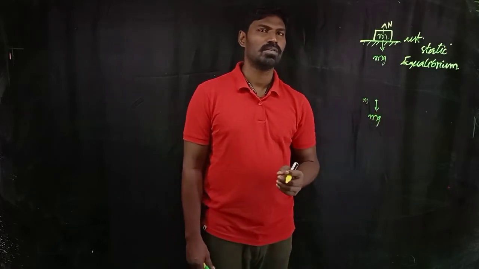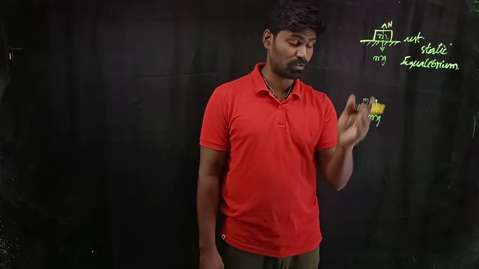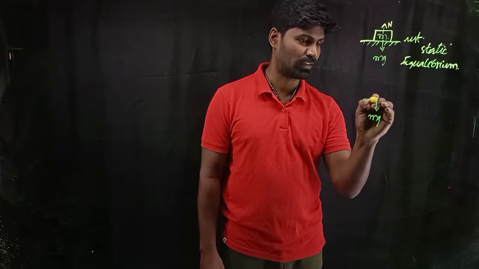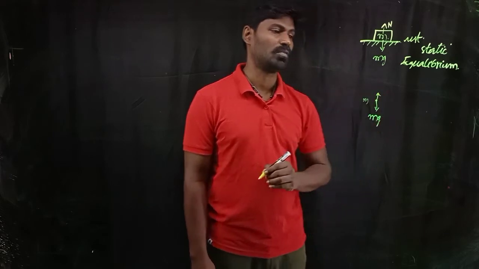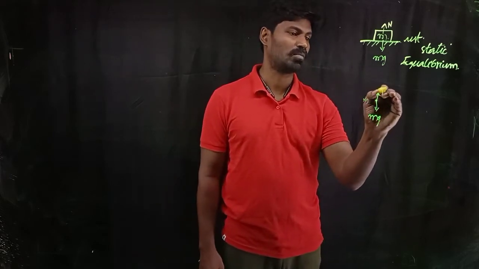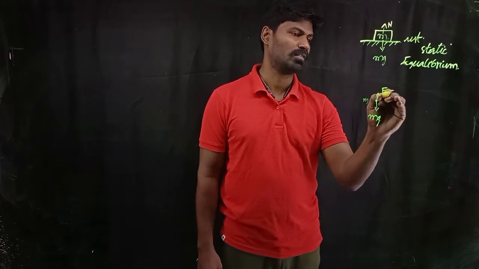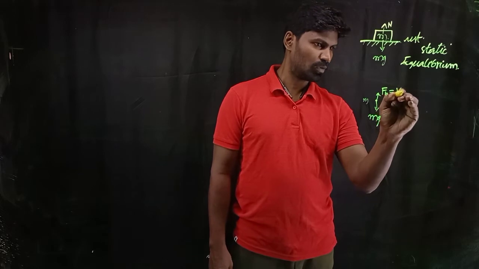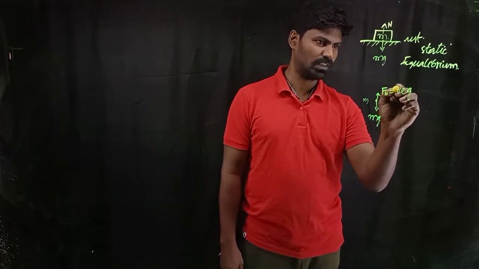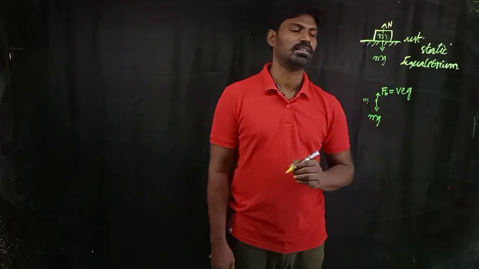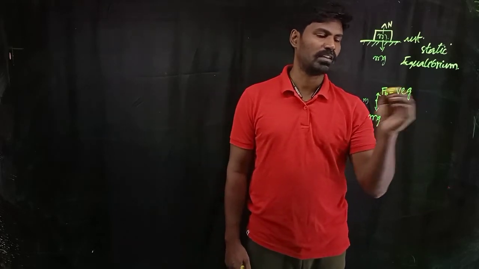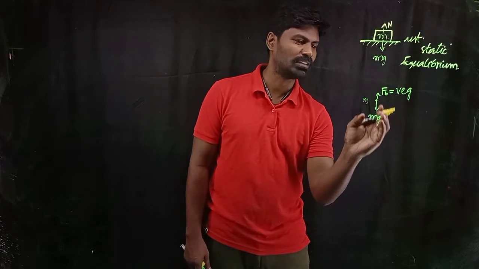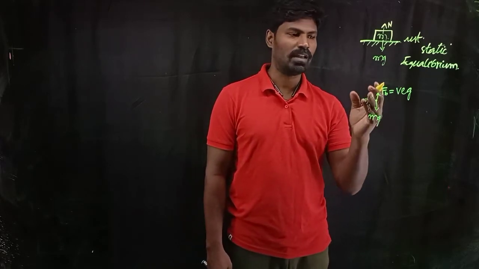As it tries to come down, the buoyant force acts on it due to atmospheric pressure, in the upward direction, whose magnitude is given by V rho g, where V is the volume, rho is the density of the atmosphere and g is acceleration due to gravity. As the body keeps on moving downwards, it acquires some velocity.